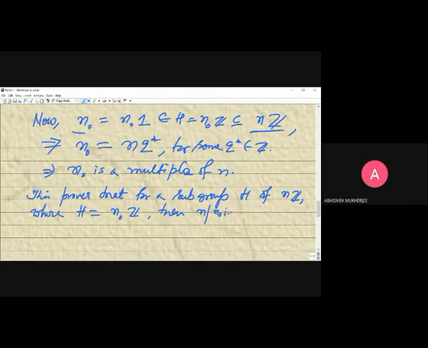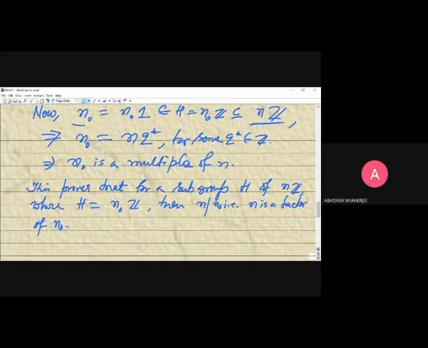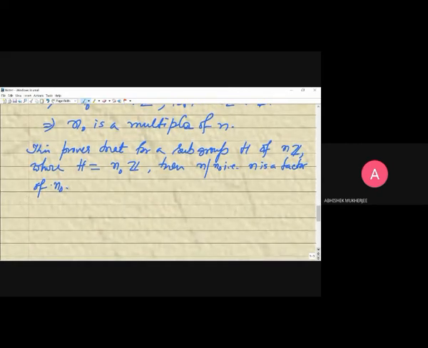That is, n is a factor of n not, right? So n is a factor of n not.